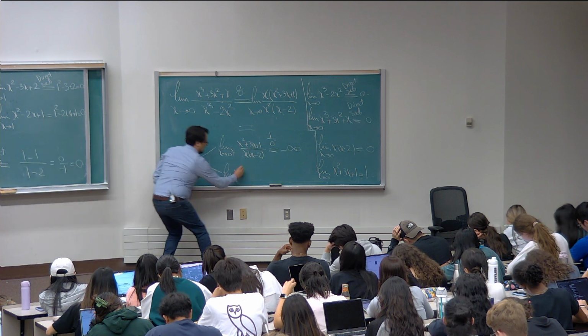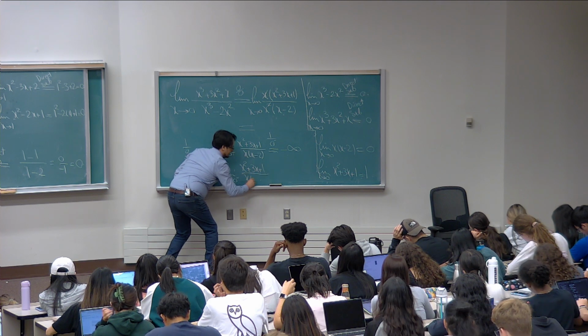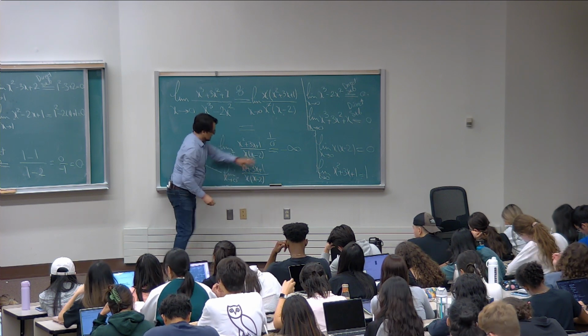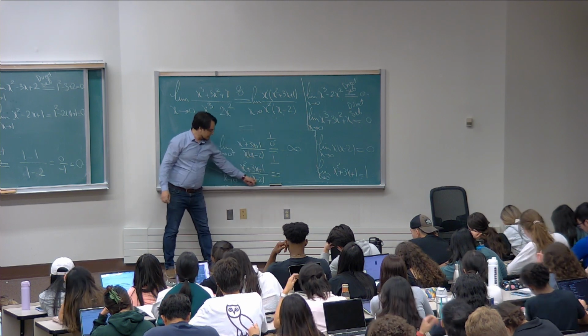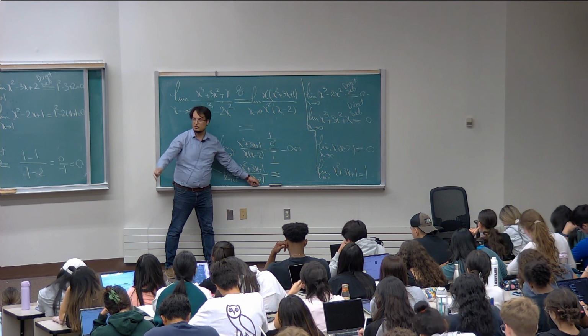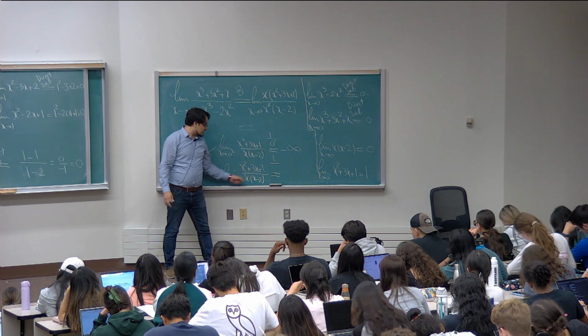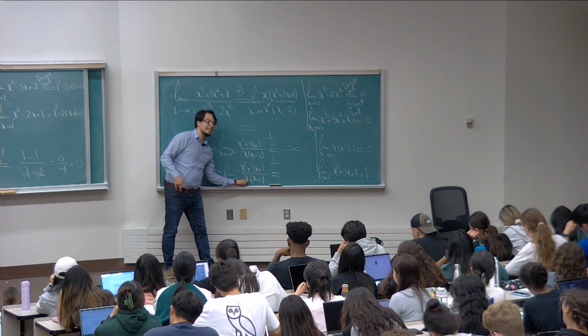Same story down there, with this difference that now the numerator is positive 1. This is negative because 0 minus 2, or closer to 0 minus 2, is negative. X is approaching 0 from the negative side, so this is negative this time.